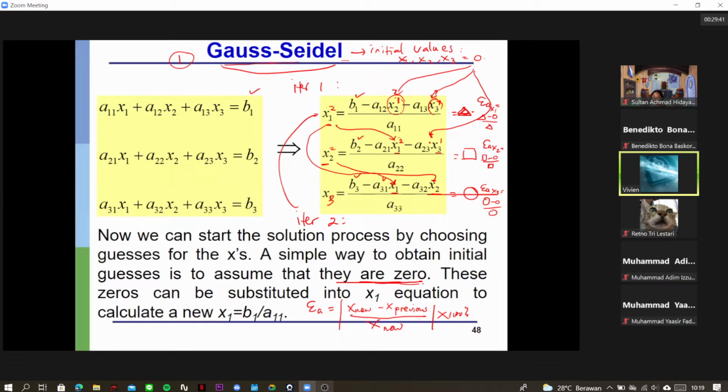Then for x3 here, we now have the values of x1 and x2 from the second iteration already, so we can get the value.